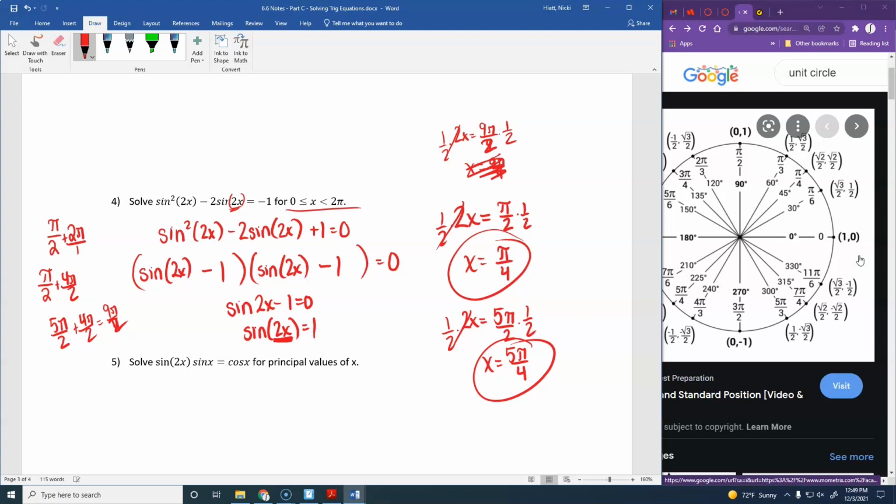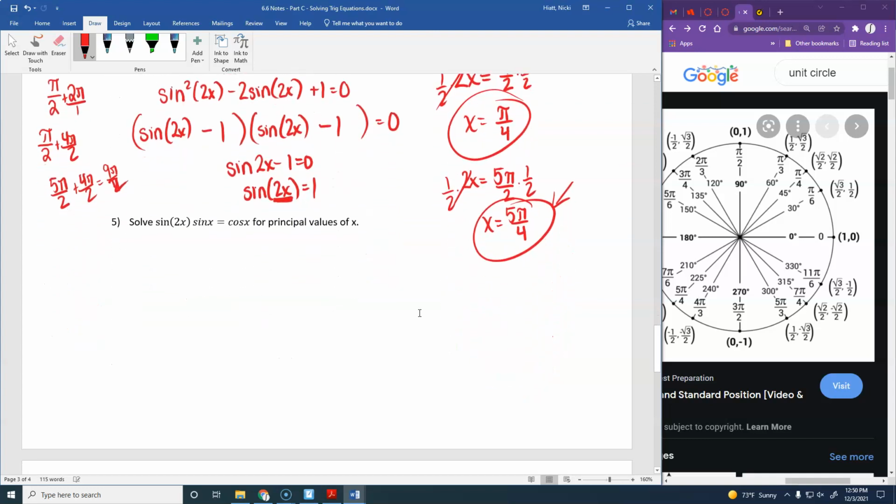Or if it was a 3x, it'd be 3 times the area, or 4x would be 4 times the area that we normally look at. These will be partial credit. So if you get pi over 4 and you forget to look for 5 pi over 4, you can still get partial credit on it. Because what I normally see is that a lot of students forget to look for that second answer there. Okay, questions?